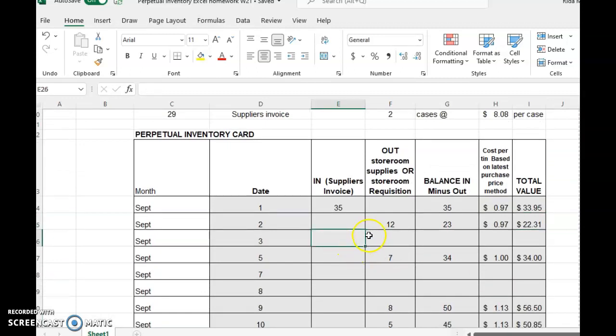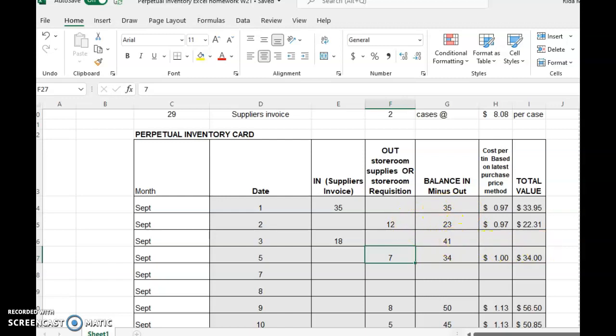We add that amount to the total balance to know how many we have right now. So 18 plus 23 gives us 41 cans in total balance. If there's anything going out, we subtract it from the total balance. That's what we did over here: we subtracted 12 from 35 and got 23.